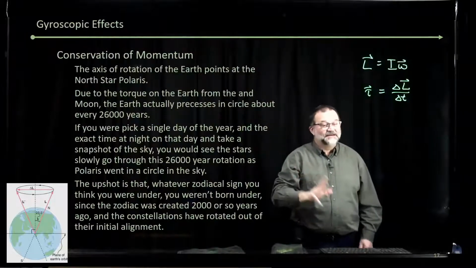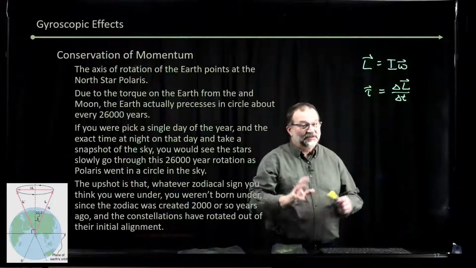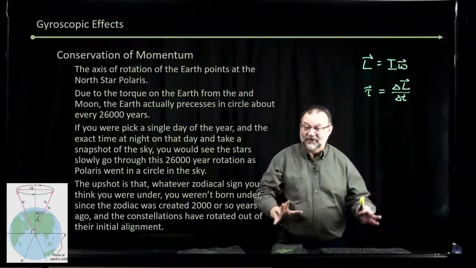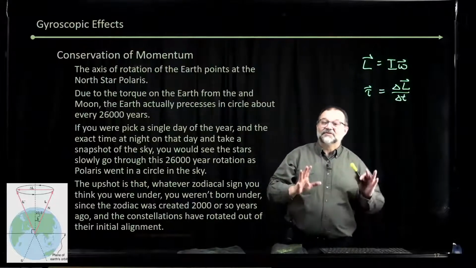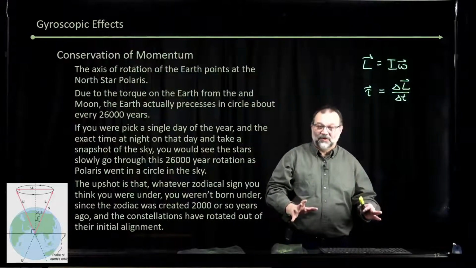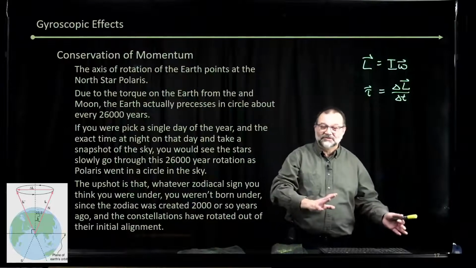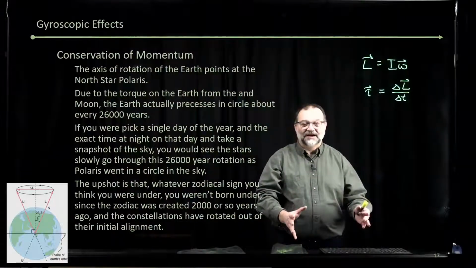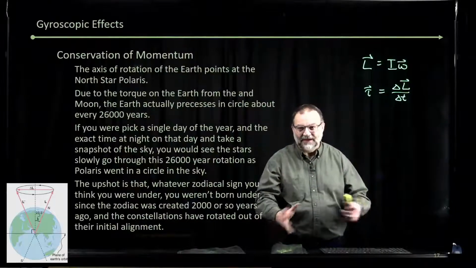You may have seen this when people talk about some of the pyramids, because at the time some of the pyramids were built, there was a different star over the North Pole. And some of the pyramids were built looking at that star in the sky at that time.